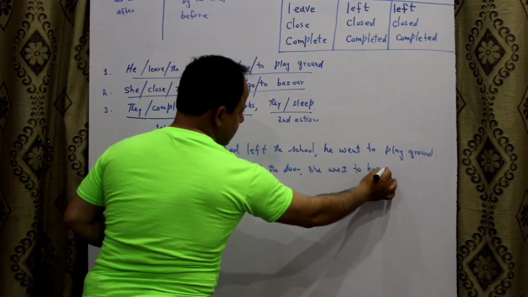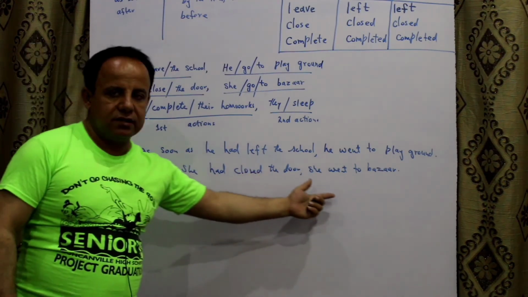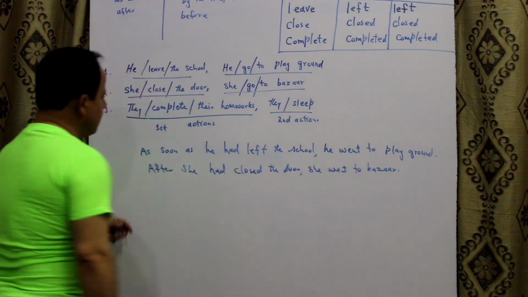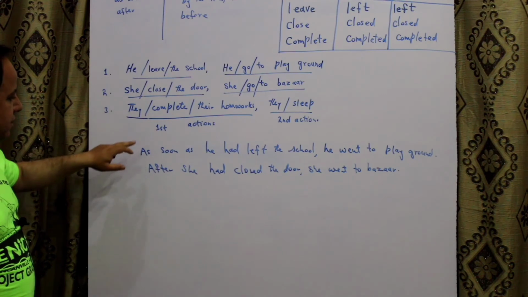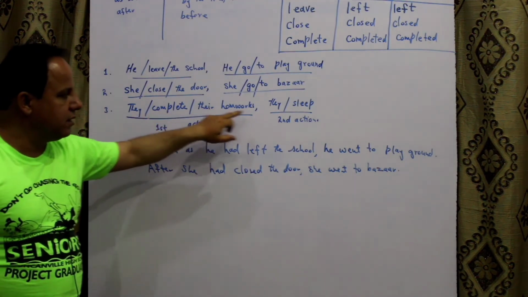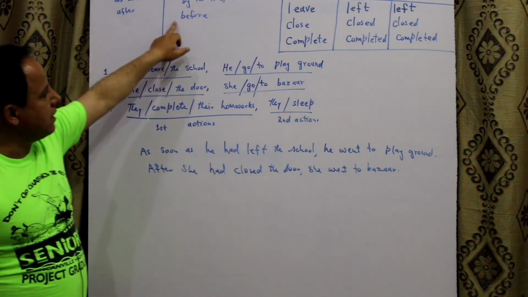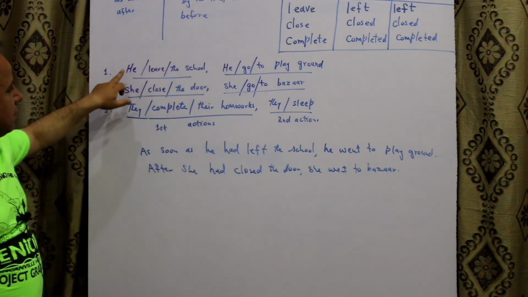Now this is the first action and this is the second action. If you want to make it with the last one, you can make it the same way: after they had completed their homeworks, they slept.